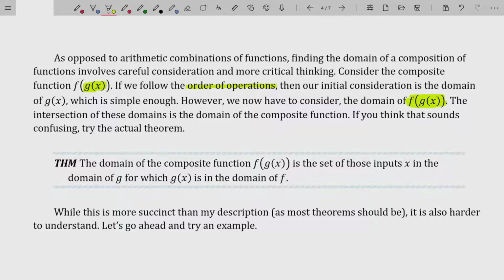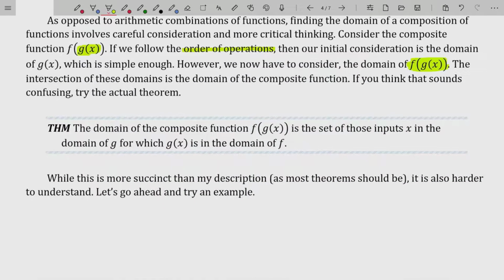This involves looking at the output of g of x and asking yourself, are the outputs of g of x going to cause issues for f? There are fancy ways of saying this. The theorem below is a fancy way of considering the domain of a composite function.